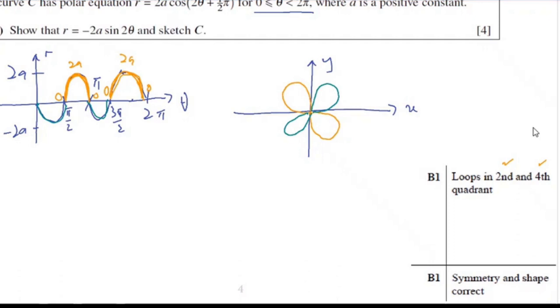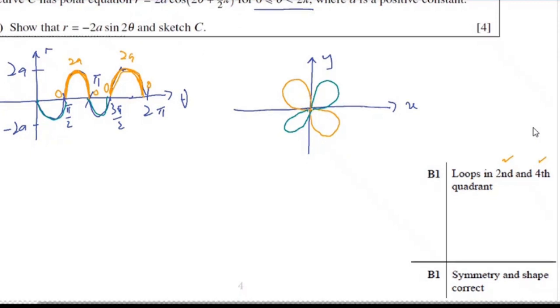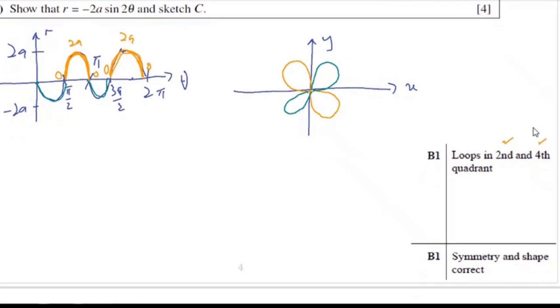So the best thing to do is that whenever we see negative r, we just ignore it. So that would be the B1, when we draw the orange curve. There will be 1 mark, and then another one is for symmetry and the correct shape. So it will be a loop, and it must be symmetrical about the line y equals x. Then we can get the marks for this.